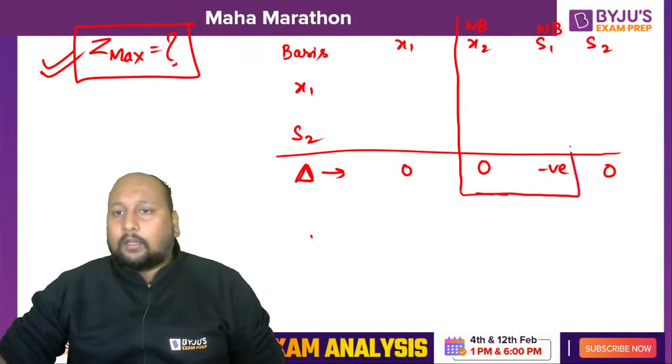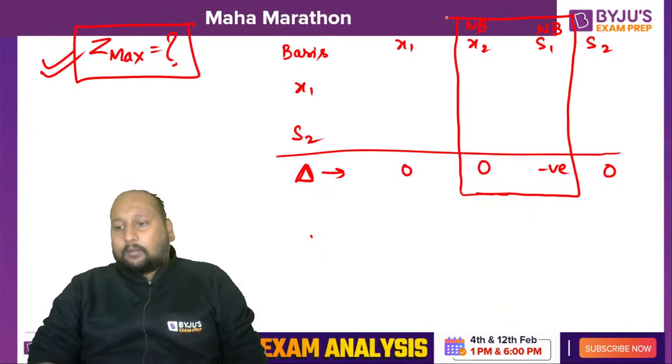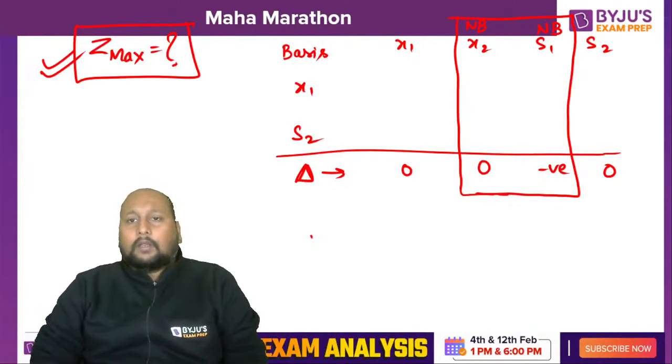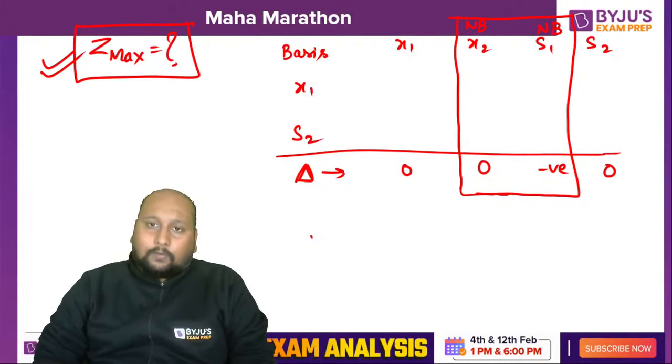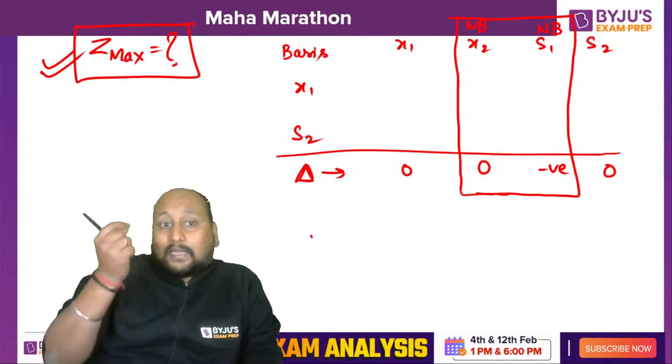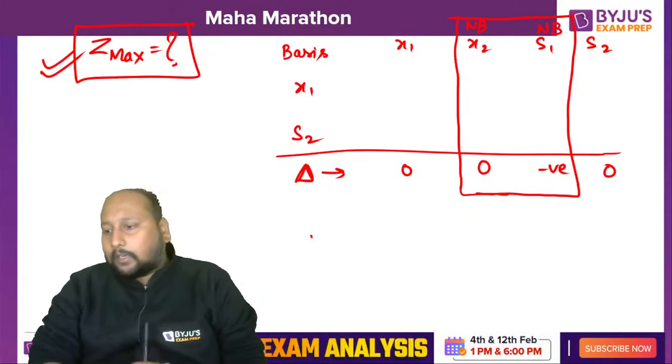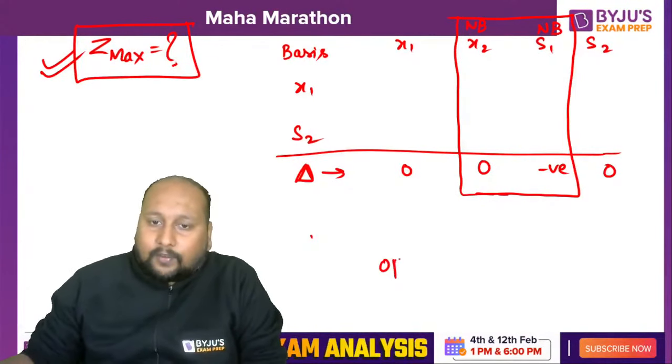These two are the non-basic variables, right? So tell me, for non-basic variables, we try to identify the delta value because the delta value tells us whether the objective function will have an increment or decrement. It's an optimal solution, perfect.